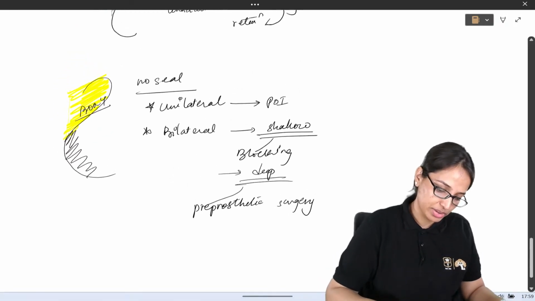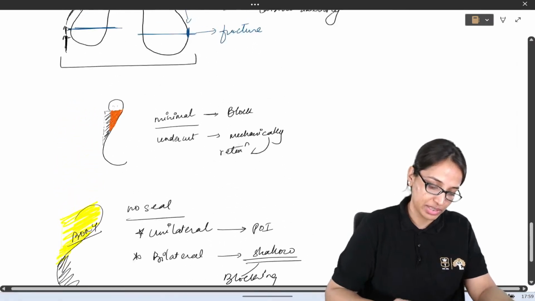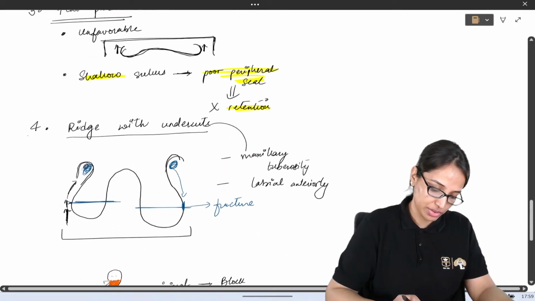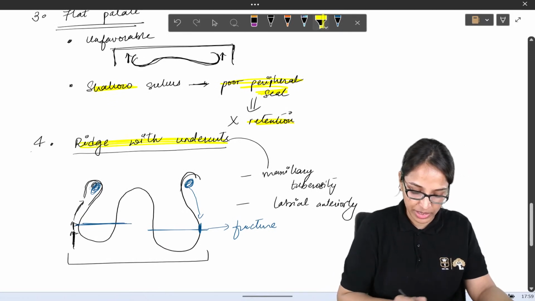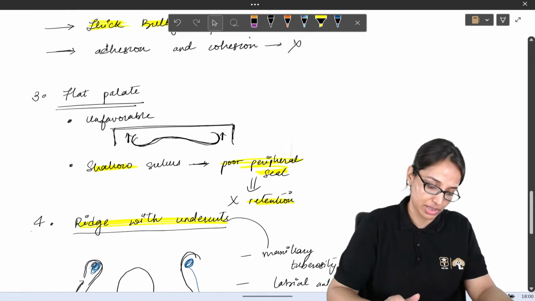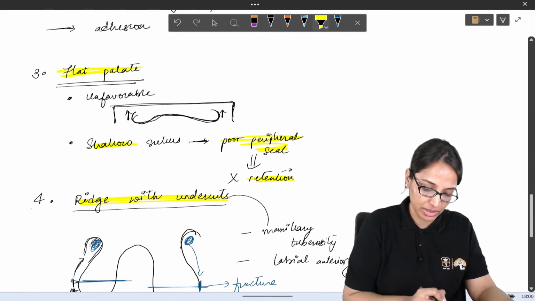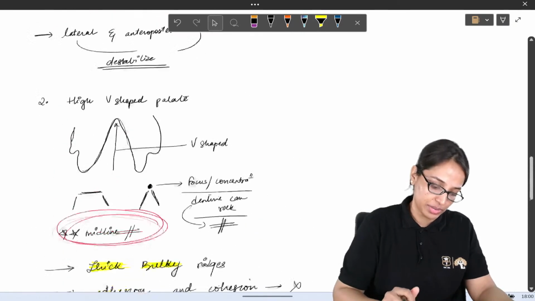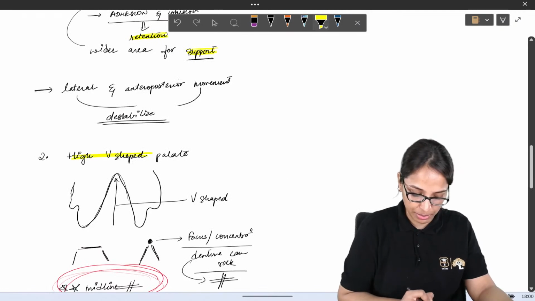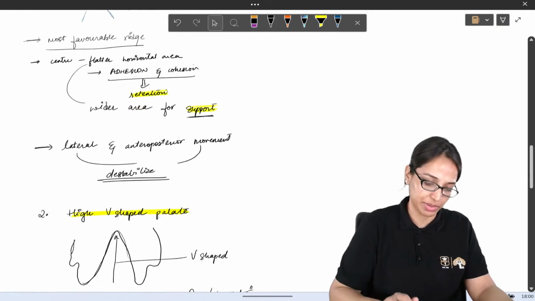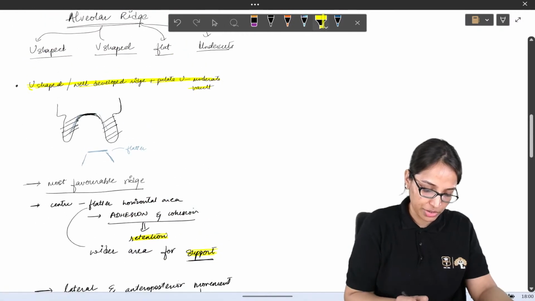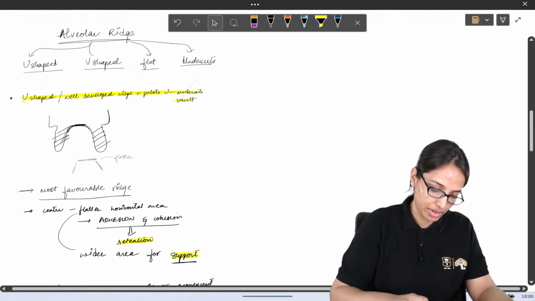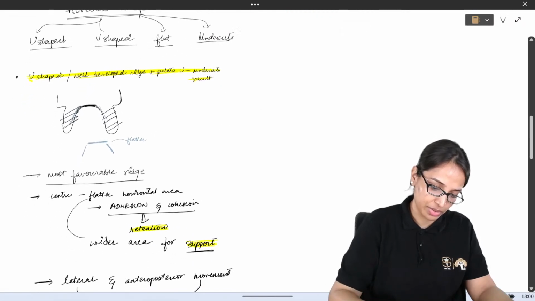So this all in all describes all four varieties of your residual alveolar ridge. We saw ridges with undercuts, with a very important key MCQ which is asked. We saw flat palate kind of ridges. We saw high V shaped palate and the associated clinical aspect of it. And we saw the most favorable ridge, which is called the U shape of your palate associated with your ridges.